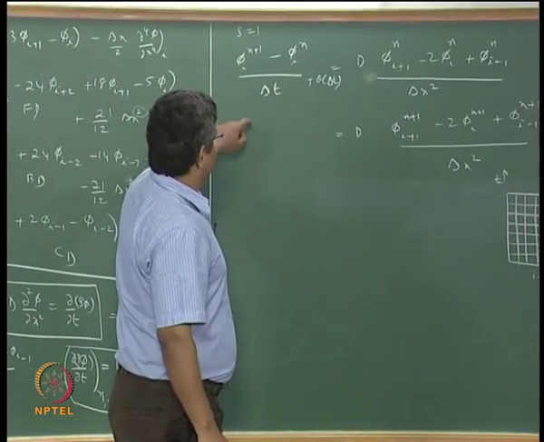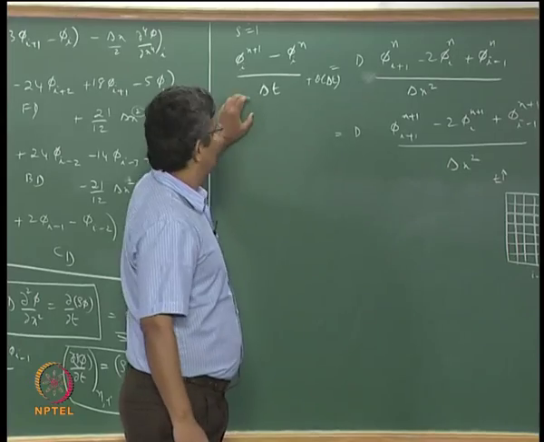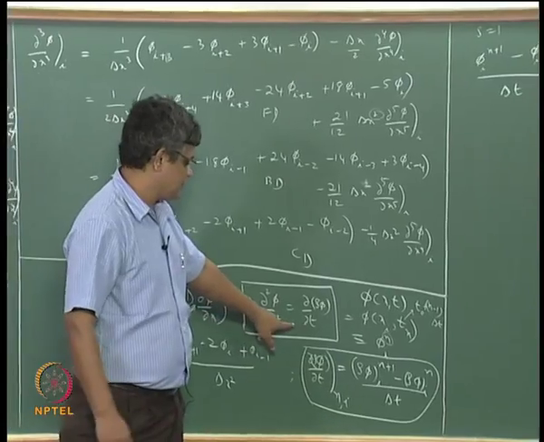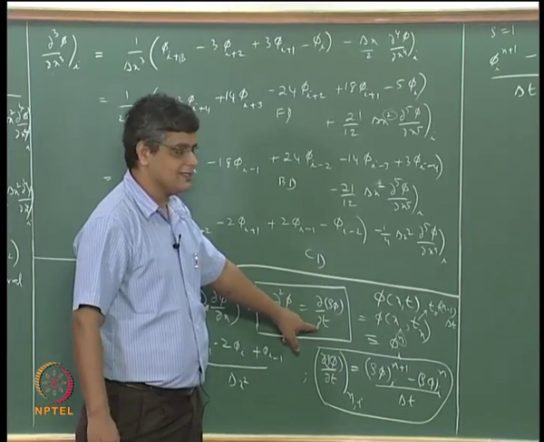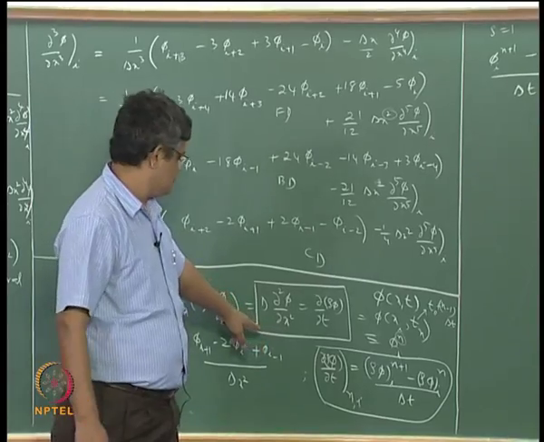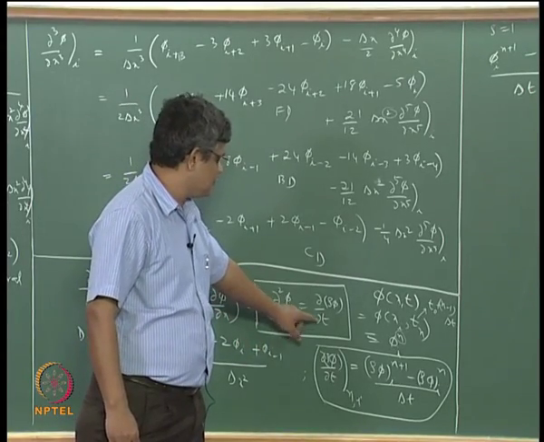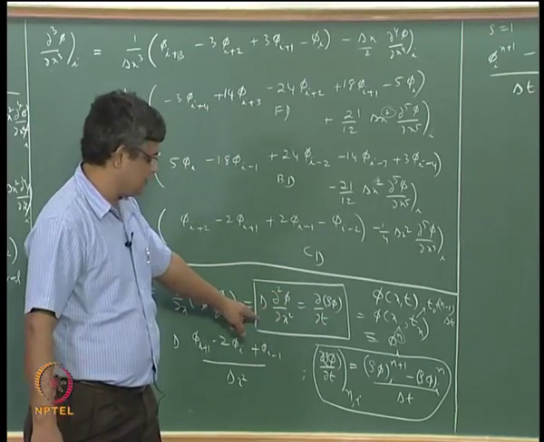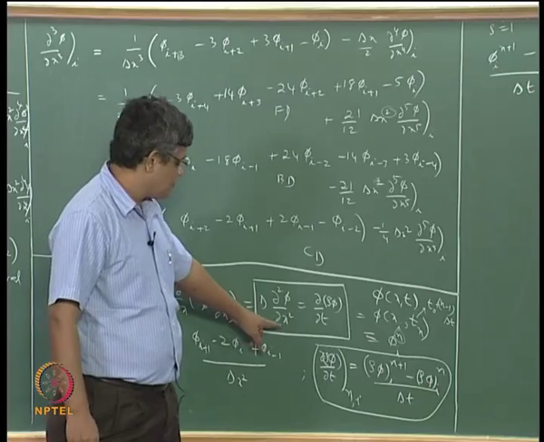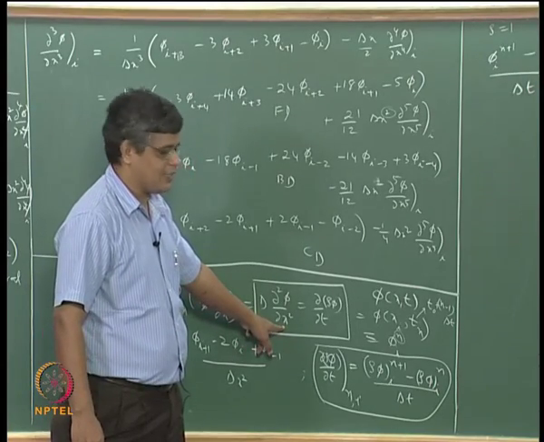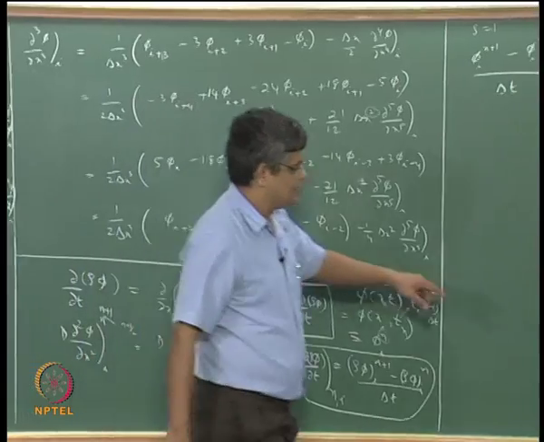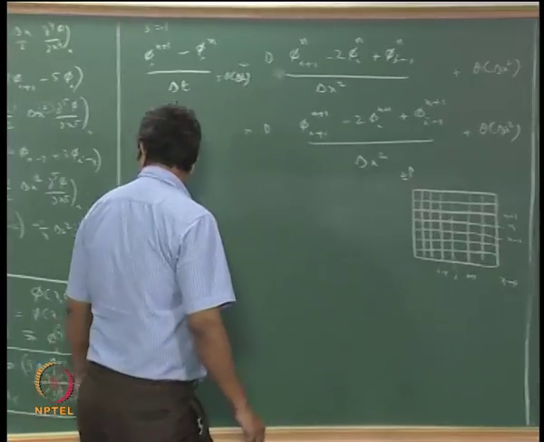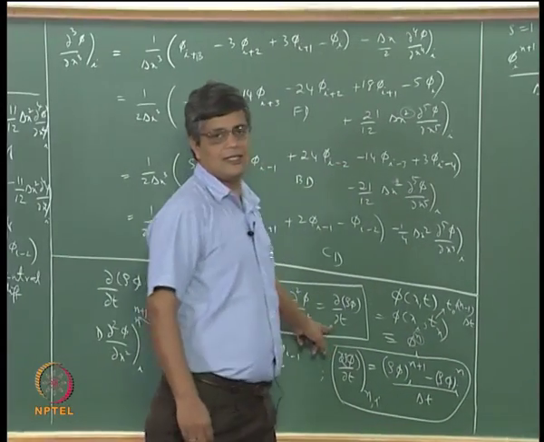Now, in order to solve this equation, obviously when you write an equation like this, we can see that this is an initial value problem, in the sense that the complete specification of this problem not only requires a statement of this equation, but also the boundary conditions at the two extremes of the x, so that is x equal to 0 and x equal to L, and also it requires the specification of the initial conditions.